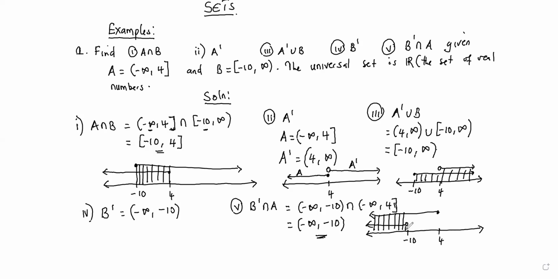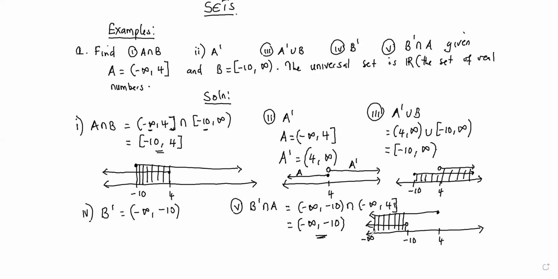So can you kindly repeat B complement number 5? B complement intersection A. Yes, please. So we have B complement first, which is from negative infinity up to negative 10, and it does not include negative 10. We are intersecting it with A, which runs from negative infinity up to 4.